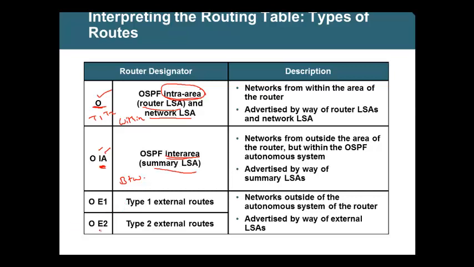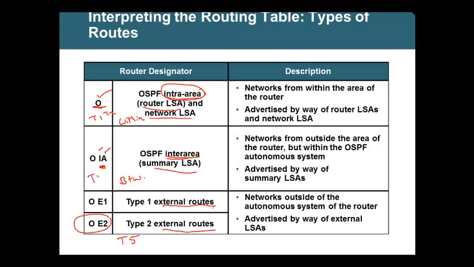Those routes are called external routes. And by default, those external routes will be seen as E2, not E1. E1, E2 are external routes, the routes that you learn because of type 5.